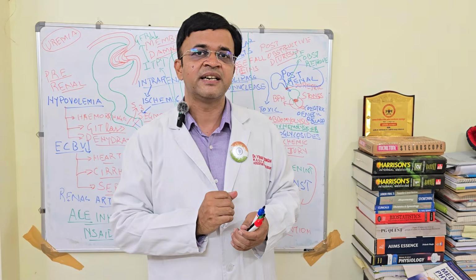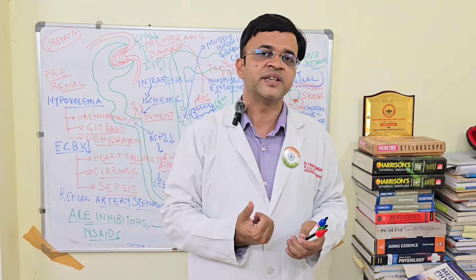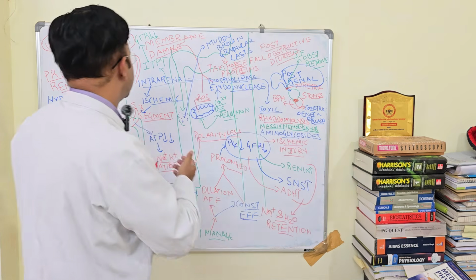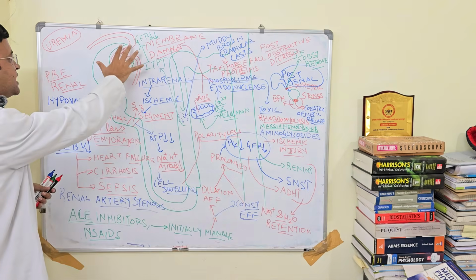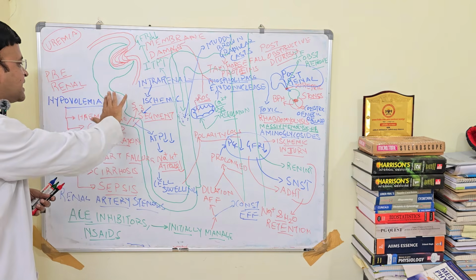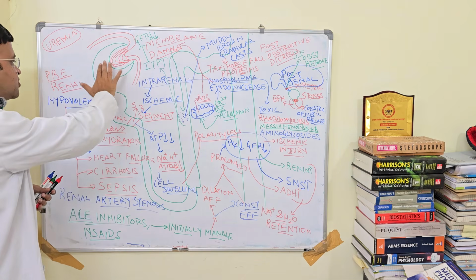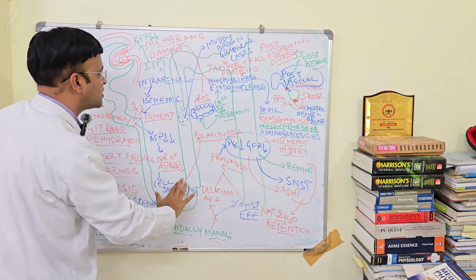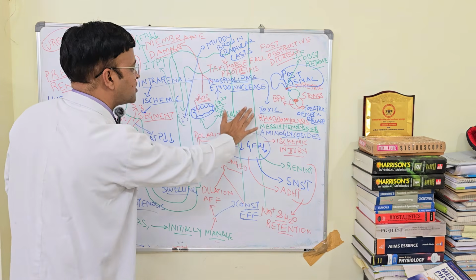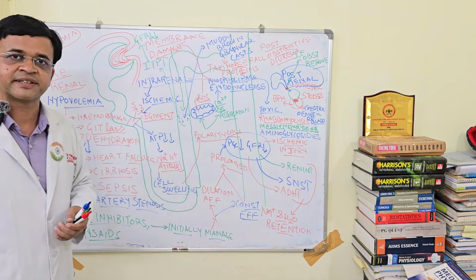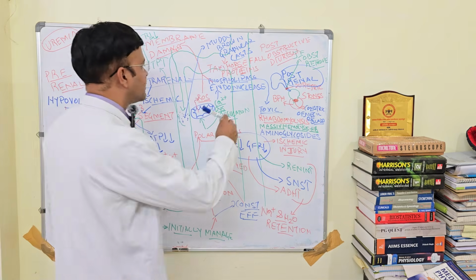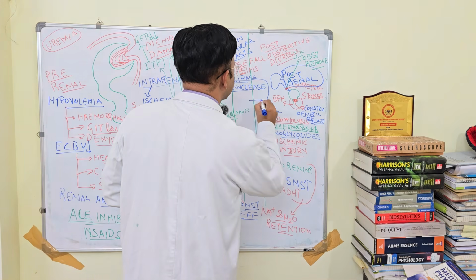Now we need to understand why exactly acute renal failure will lead to hyperkalemia. The GFR is reduced, so less solute is getting filtered, and less solute is reaching over here. And over here, what you have got? You have got ENaC channels in the collecting duct.